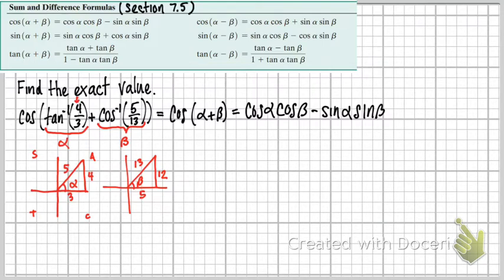Okay, and then all we're going to do is plug in those values from these two triangles we set up previously. So now if we're talking about the cosine of alpha, cosine is adjacent over hypotenuse. All right, so we're just going to plug that in.